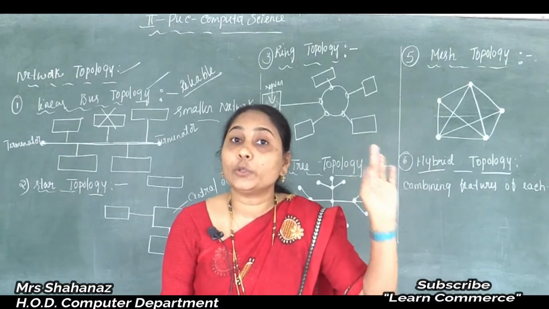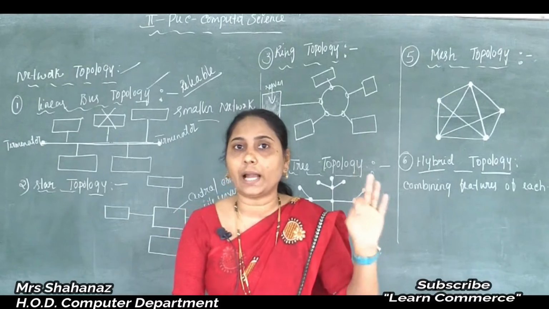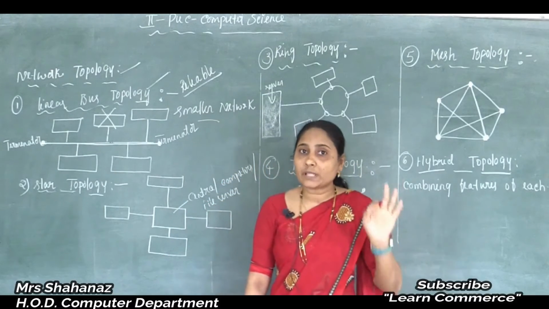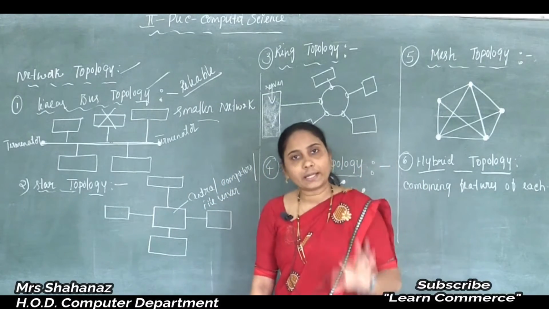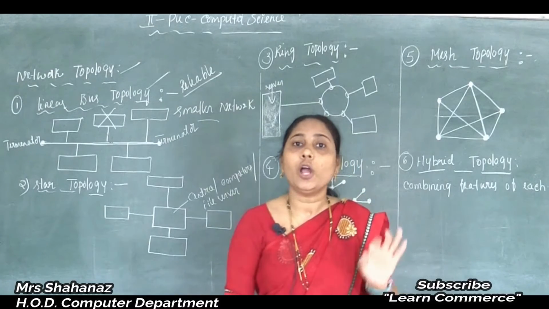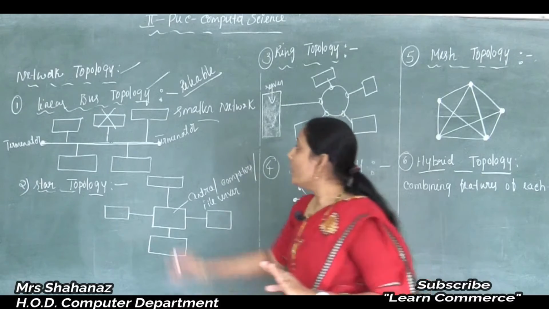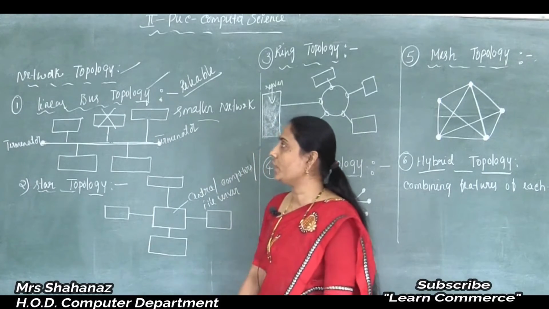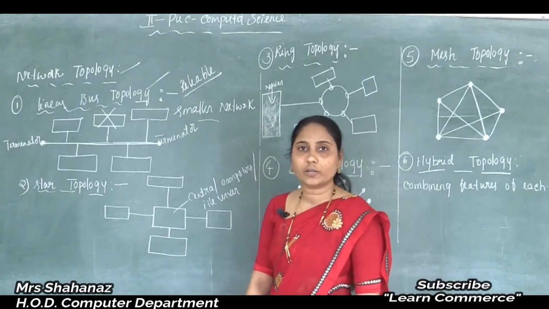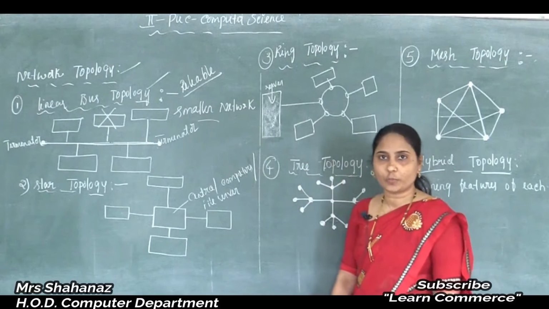That means two computers pass data at the same time. When this happens, some data is lost from one computer to another. Clear this point? So this is the disadvantage of the linear bus topology. Is the meaning of the linear bus topology clear?